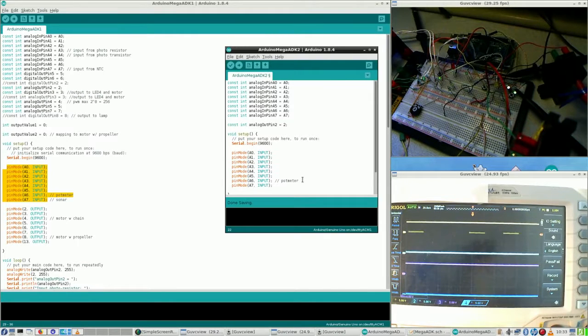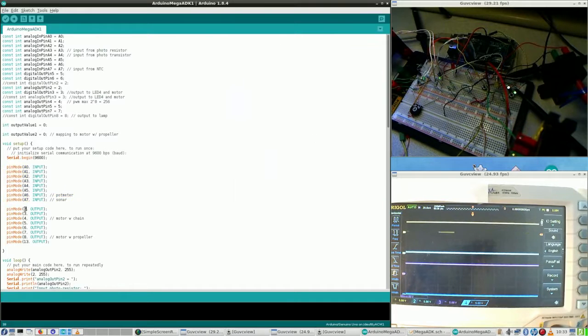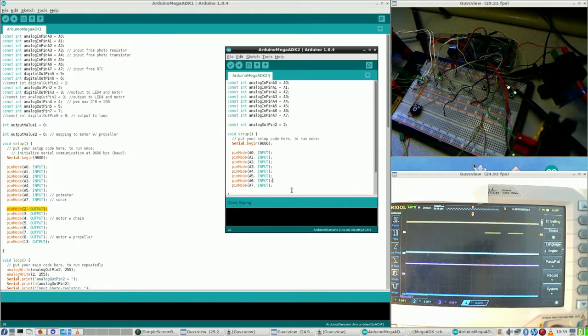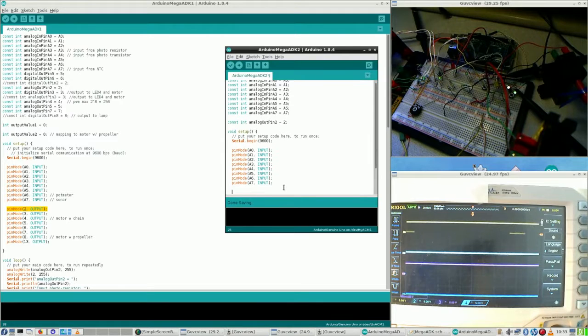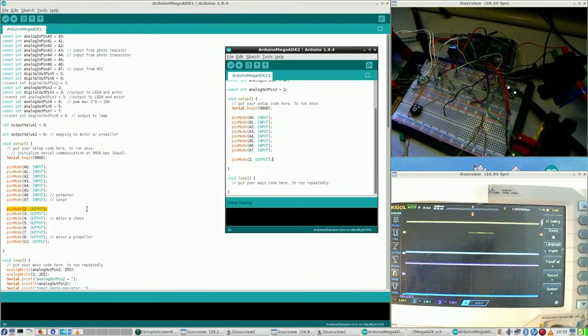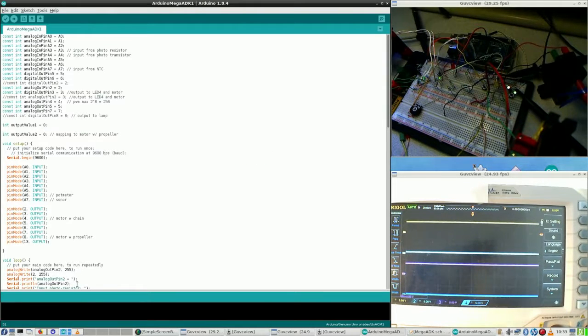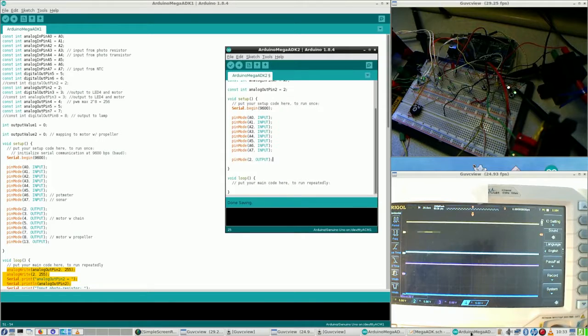And this can go for now, doesn't matter. Important, defining pin 2 as output, and then even more important, analog write. These 4 lines.